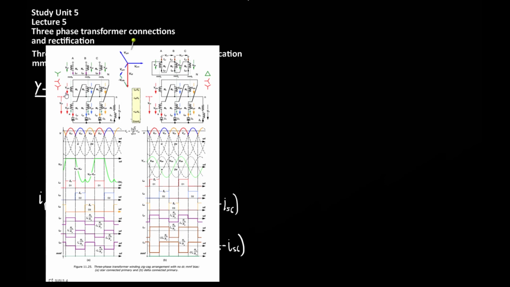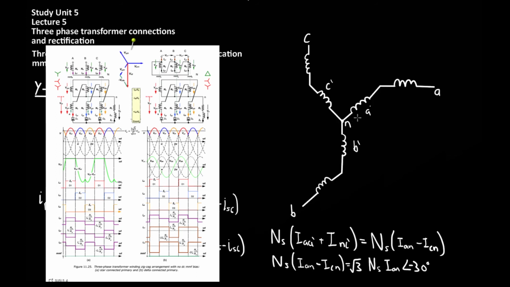For the examples which made use of the half-wave rectifier, a zigzagging technique in the transformer coils was used to reduce the DC MMF, and this zigzagging method can also be applied to full wave rectification for three-phase systems. Shown here is a star arrangement transformer coil which has a secondary turn on each arm of the coil.